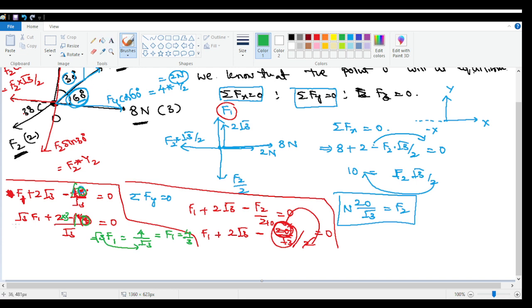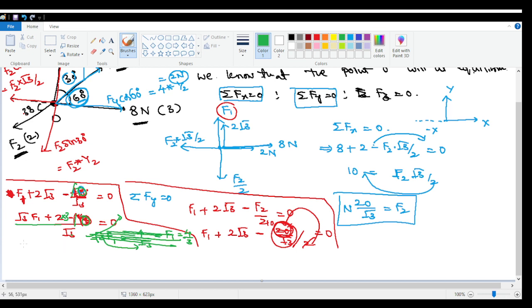If I am taking the LCM, the total root 3 will come up to here, then this root 3 I am sending to this side, that is equal to 0. So that is equal to 6 minus 10 is equal to 4 will come, that minus 4 I am sending means plus 4 will come. Here I am doing wrong.